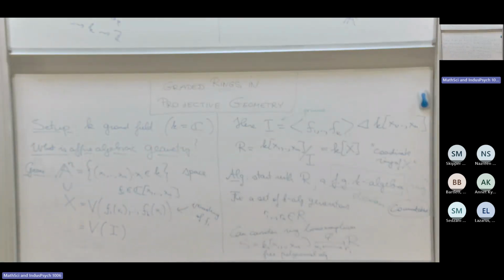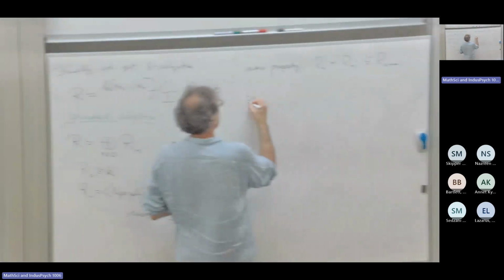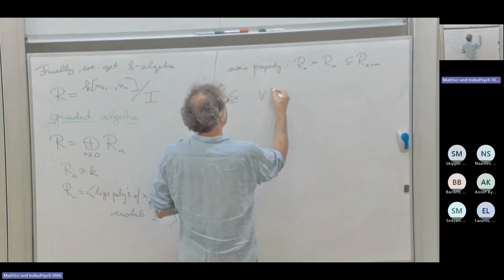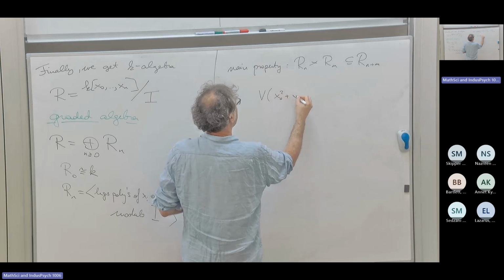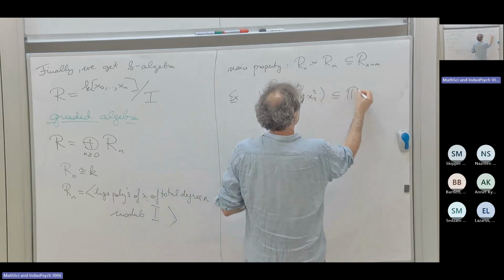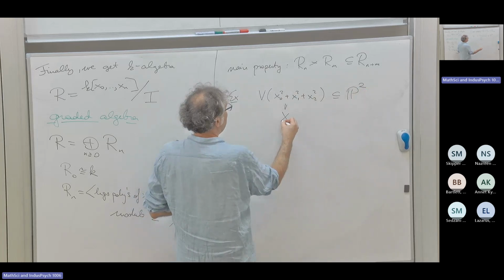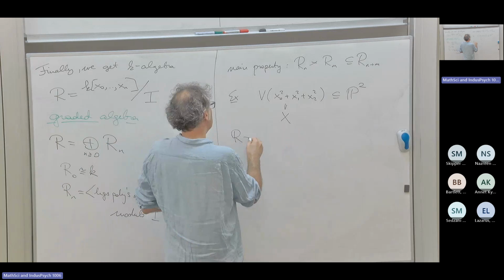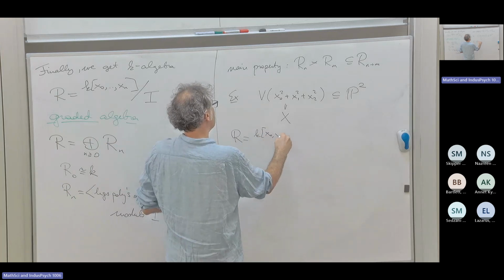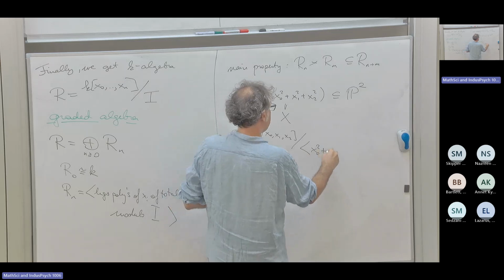So this is the extra structure we get if we don't start in affine geometry, but we start in projective geometry. So we get a graded ring. And just to be very specific, let's be even more specific, if I have the vanishing locus of x0 squared plus x1 squared plus x2 squared inside the projective plane P2, so this is my X, and then this R is the polynomial ring K[x0, x1, x2], modulo this principal ideal.